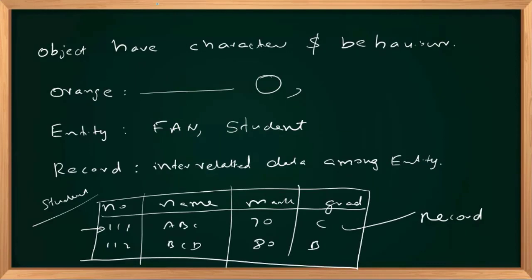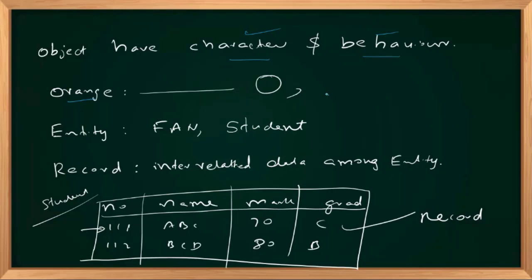Then object. Object means anything in the real world. An object can have some characteristics and behavior. For example, orange is an object. What is the characteristic of orange? Orange has a round shape.